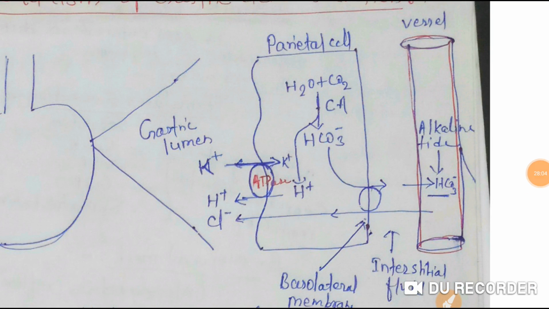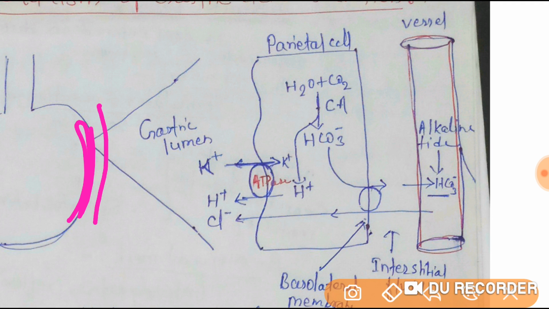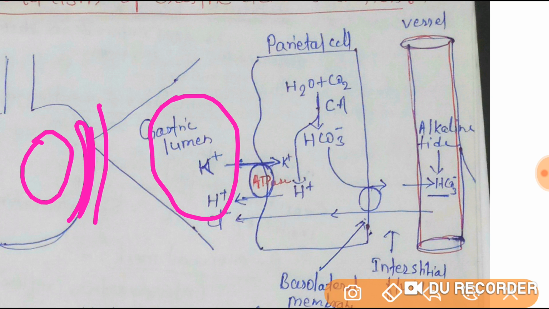The parietal cells are situated in this part, the outer part has the vessels, and this is the lumen part.